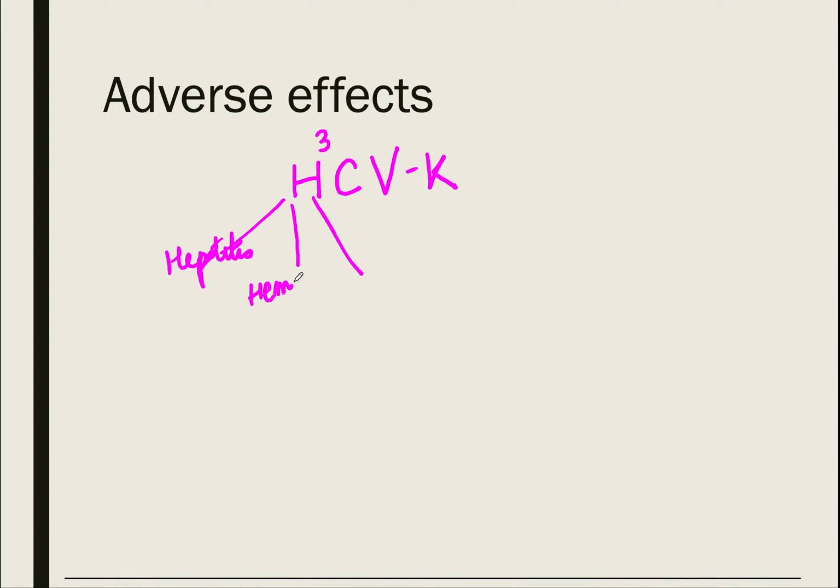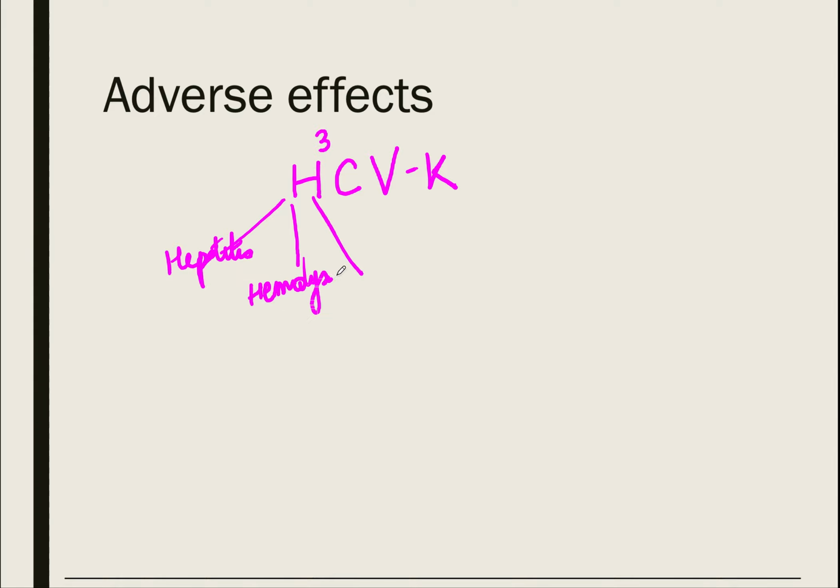Adverse effects. Now nothing is free, and there are a lot of adverse effects which are common, and in the sulfonamides the main adverse effects that we are worried about are these. So you remember the mnemonic H cube CVK. Now there are 3 H's here, and the first one is hepatitis. The second one stands for hemolysis.